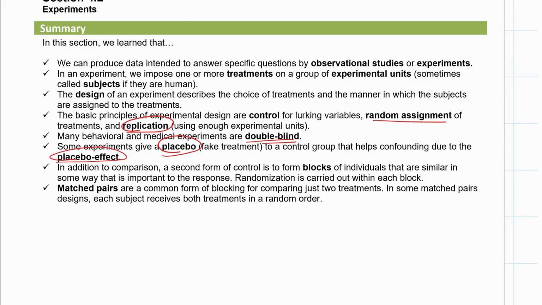We also learned how to block to control for known variations within our experimental units. And we also learned that an experimental design includes matched pairs, where you take two things that are nearly identical, one of them getting one treatment, one getting the other, and that has its own special ramifications. And that concludes 4.2.